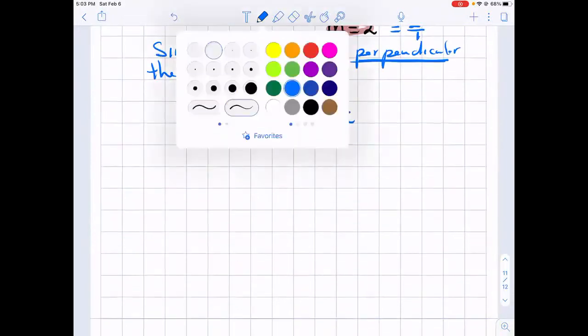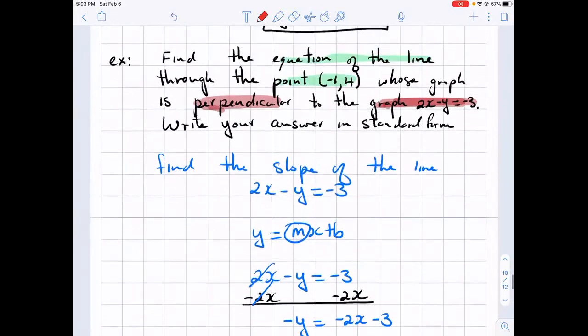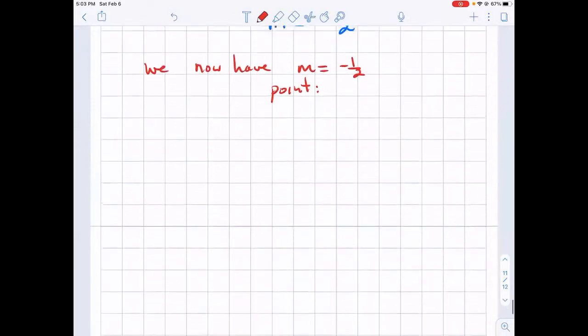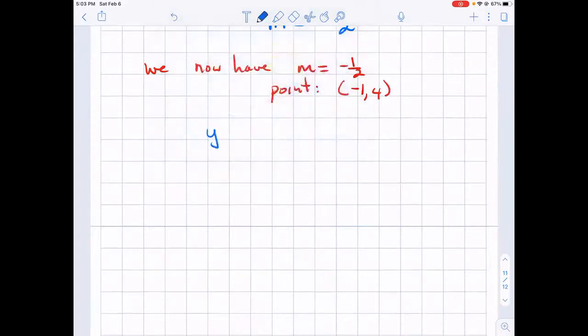So we now have m is equal to minus 1/2, and the point given to us for this was minus 1, comma 4. So we can use point slope. y minus y1 equals m times x minus x1. So here is x1, here is y1.